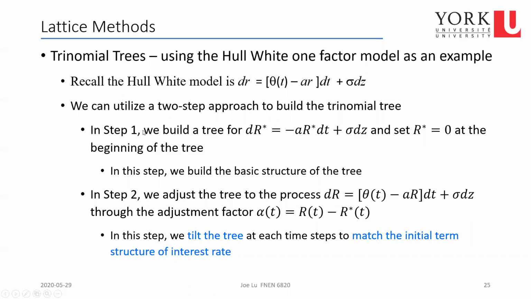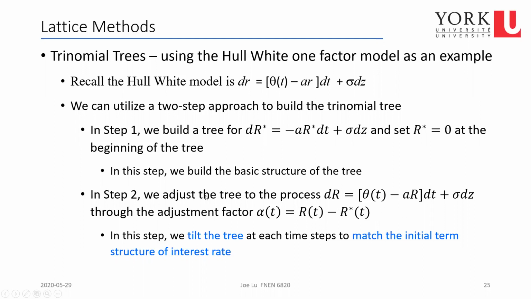Now, if we follow the approach taken by Hull-White, the tree is built in 2 steps. The first step is we build a relatively standard tree, and once we have built that basic tree structure, then we make adjustments to the tree to match the initial term structure of interest rates.